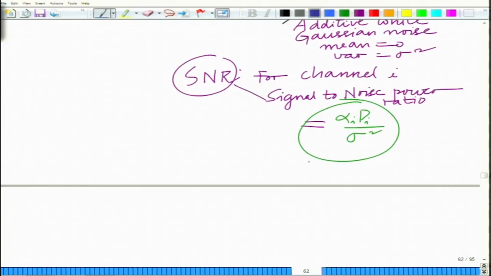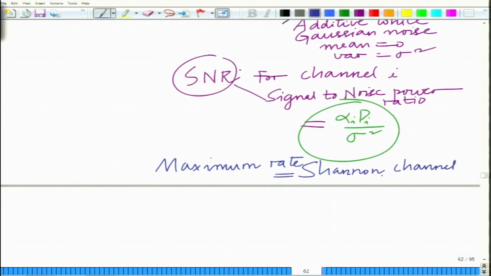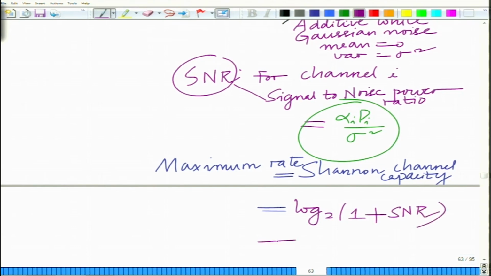So, from the Shannon capacity formula, the maximum rate is basically given as log to the base 2 of 1 plus SNR, which for this is log to the base 2 of 1 plus alpha i Pi by sigma square.